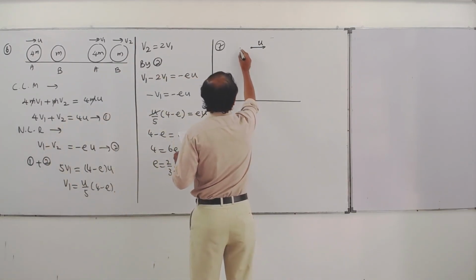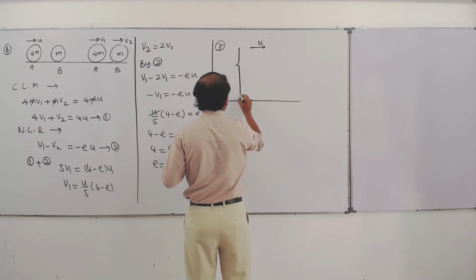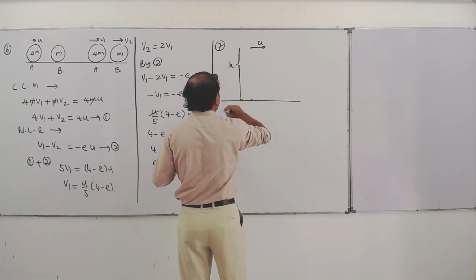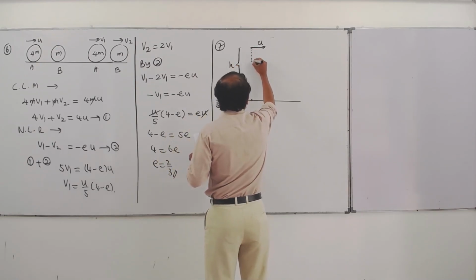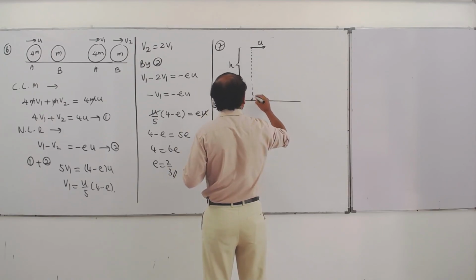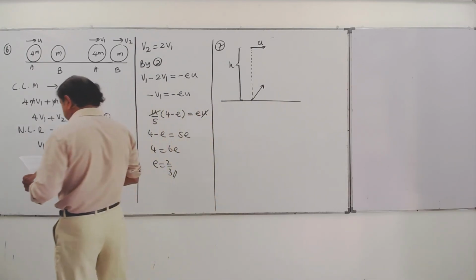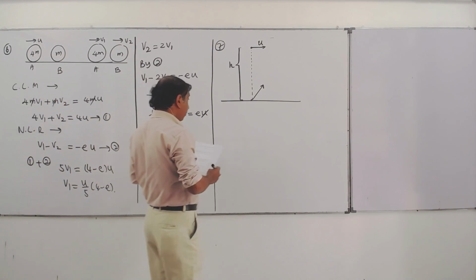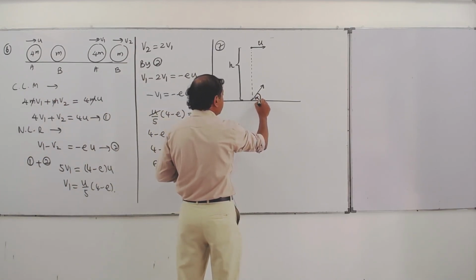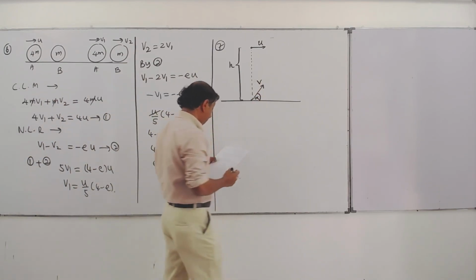Now, vertically below this, at the height h, the airplane is moving. This way, another particle is projected. A ball is thrown at an inclination alpha to the horizontal. Suppose the velocity is v.